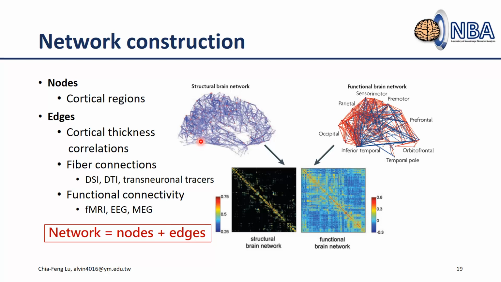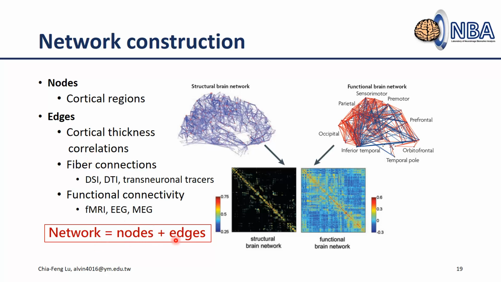The very first step, you need to construct a network. That means you need the cortical regions or brain regions. We will say these will become the nodes. And then you need the edges. The edges are either the functional connectivity, just like we mentioned before, or you can use the fiber connection, just like what I mentioned, the tractography, the neuronal fiber connection between different regions.